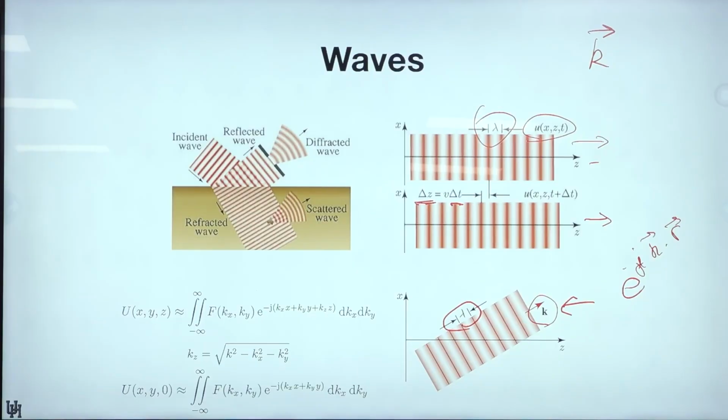Here r is xyz, and k is the direction vector, telling you it's a plane wave going in a particular direction. That's a way to express a plane wave, which can be given by an equation of this form.